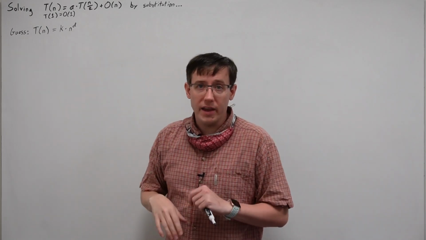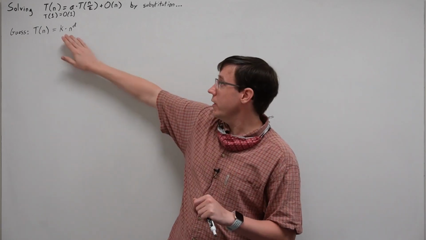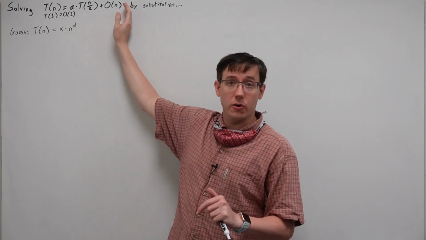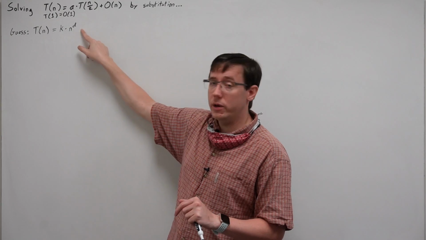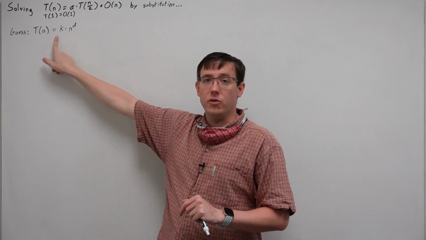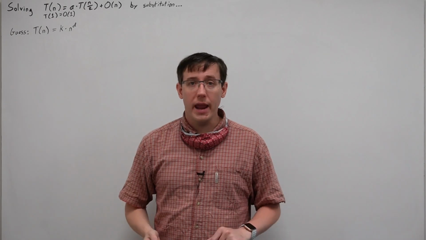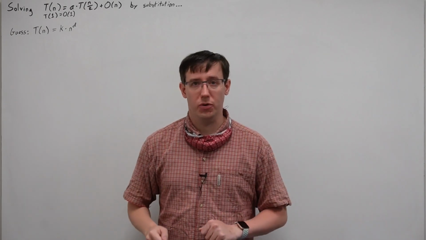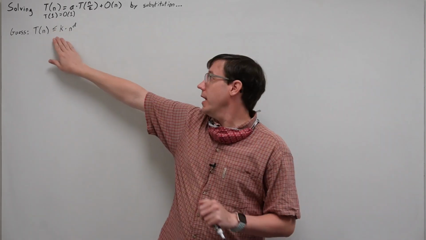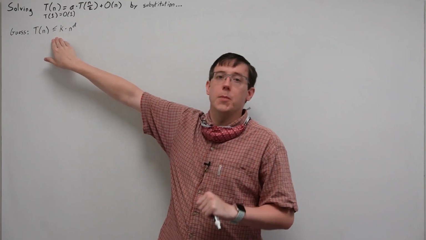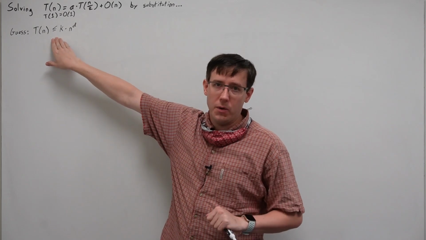And really all we're saying by this guess is we think there is some polynomial that solves this recurrence. We don't know the degree of that polynomial, and we don't know the constant, but we're going to figure that out along the way as we build our inductive proof. And of course, we're not trying to solve this recurrence exactly, but rather give an upper bound.